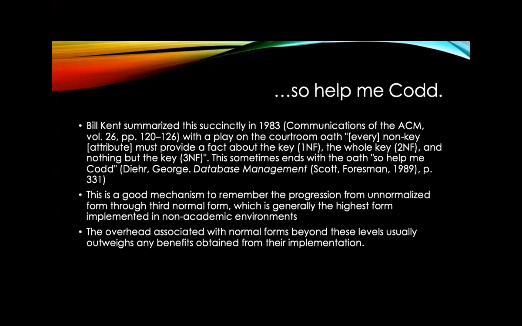Bill Kent, back in '83, in an issue of Communications of the ACM, kind of doctored this out because nobody had really put together this nice progression from an unnormalized form of something just having a key to causing a dependency on the entire key and removing all of the partial functional dependencies that could potentially cause you to do a partial key update against a record, for example.